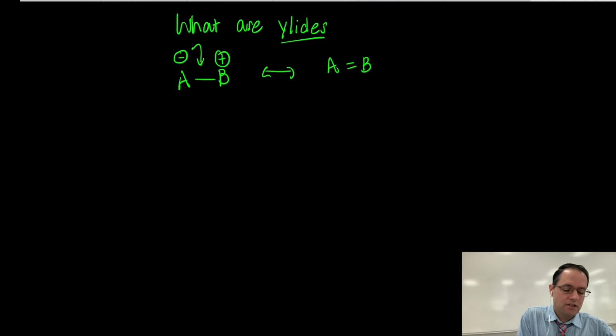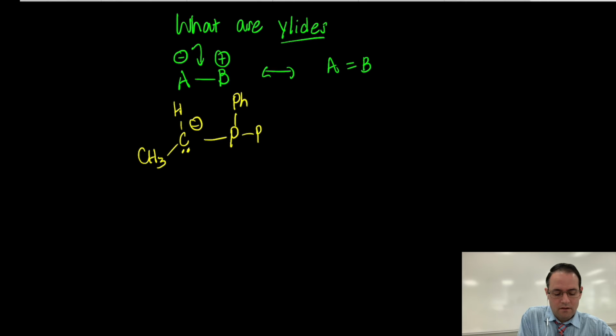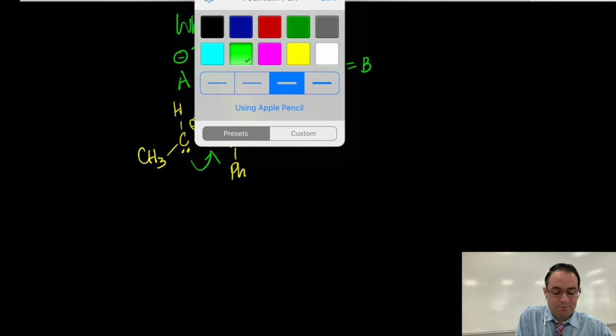So in the molecule I showed before, we had this weird looking thing that looks like this. Okay? So we have a negative charge on carbon. It looks like a carbanion. And we have a positive charge on the phosphorus. Okay? And we can draw a resonance structure that shows how the electrons are stabilized here.